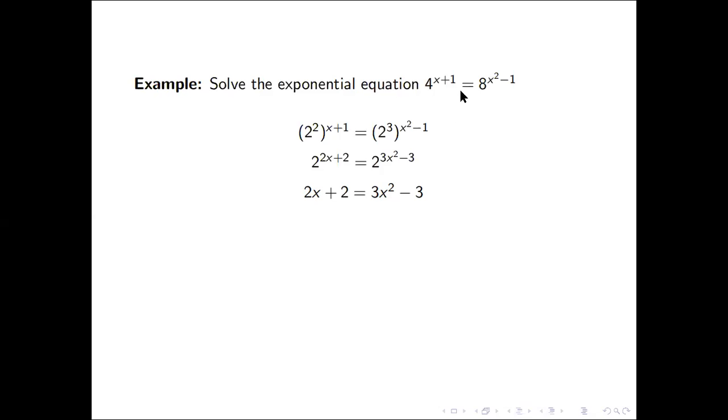And notice that from an exponential equation, we have converted it to simply just a quadratic equation, which you already know how to solve. So we collect all terms on one side. We have that quadratic equation, which can be solved either by the quadratic formula or by factoring.